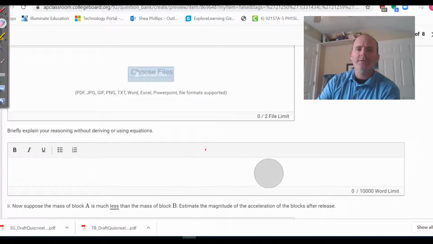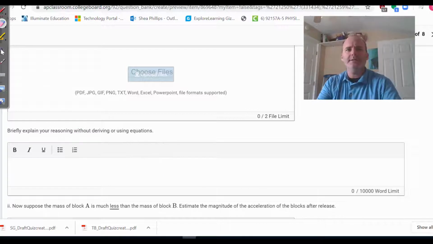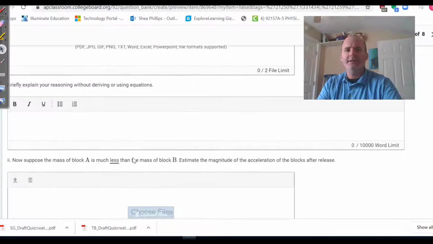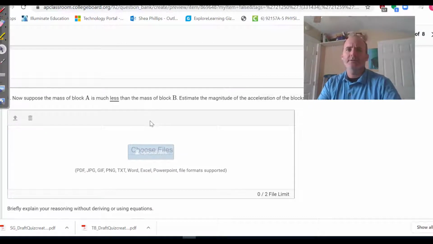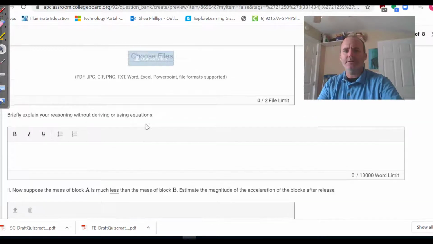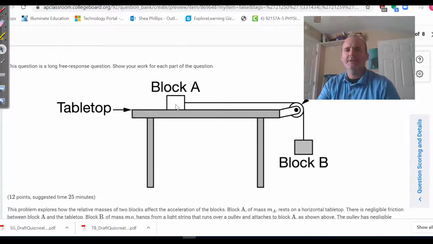All right, so now let's flip that and say mass A is much less than B. Again, let's look up here and intuitively say, if block A had a really small mass and block B has a bigger mass, block B is just going to fall almost like it's in free fall.